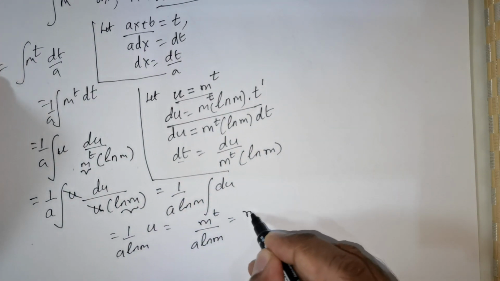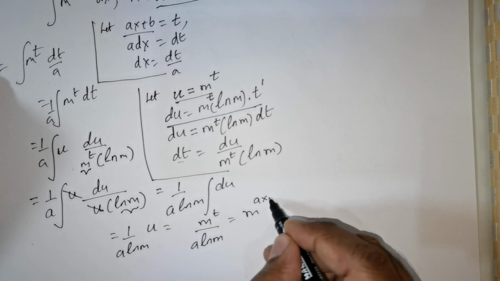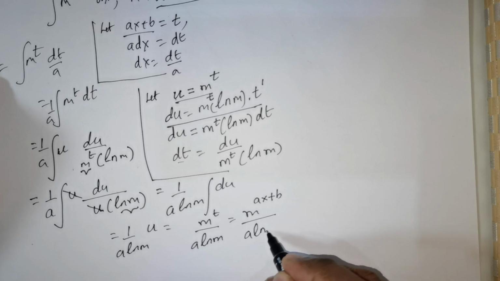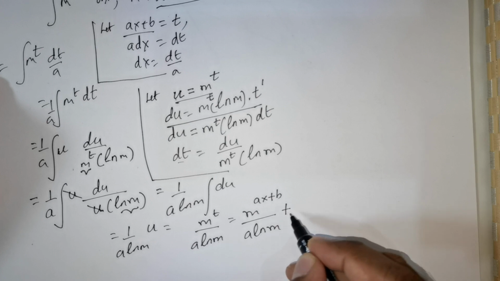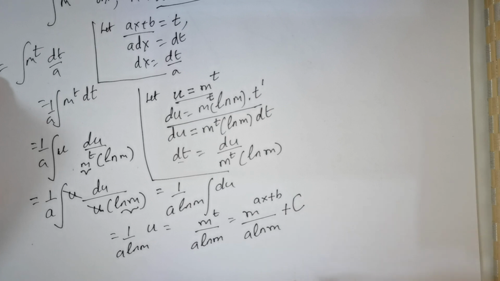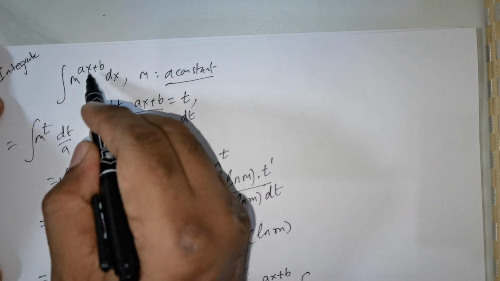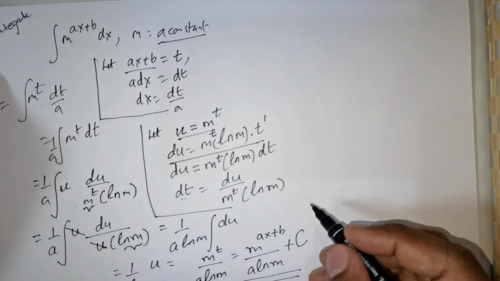Replace that. So that's going to be m raised to the power of ax + b divided by a times ln m. Since it's an indefinite integral, an arbitrary constant has to be added. So this is the solution for this integral m raised to the power of ax + b times dx.